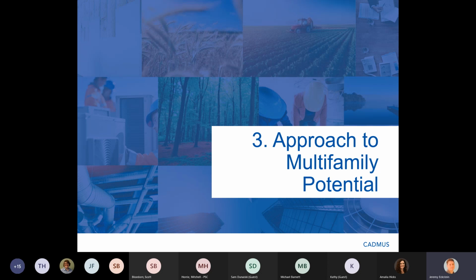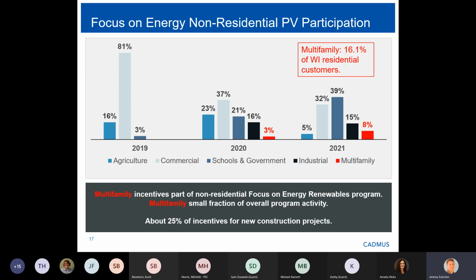Any further questions here, or can I move ahead to multifamily? Okay, hearing none. So first off, we took a look at the program data, and just a couple of observations about where programs are currently being incented for multifamily.